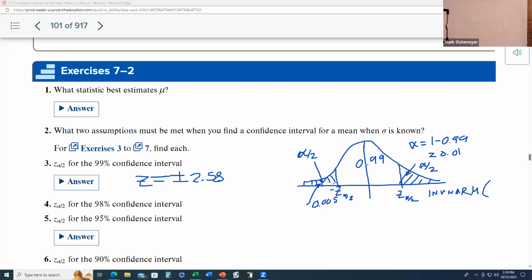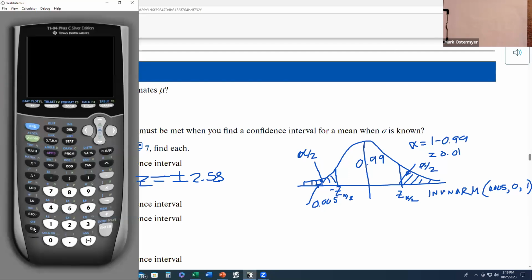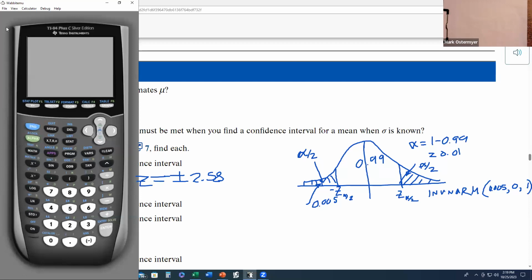I'm going to find this lower one, this negative one down here, so we type in the area to the left of it, which is 0.005. The mean of this distribution is 0, and the standard deviation is 1, being the standard normal distribution. So let's go get our calculator and find these critical Z values for a 99% level of confidence.